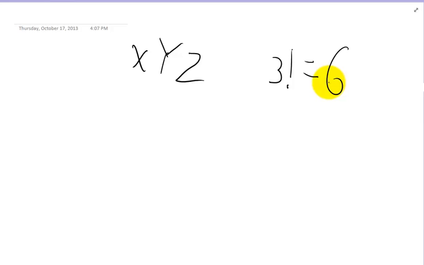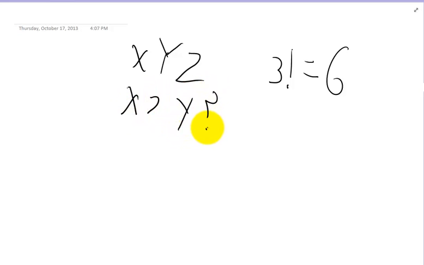Let's say I wanted to draw a tree structure that gets all 6 orderings. If I have x, y, z, I ask myself questions to sort them. First, I'm going to ask, is x greater than y?